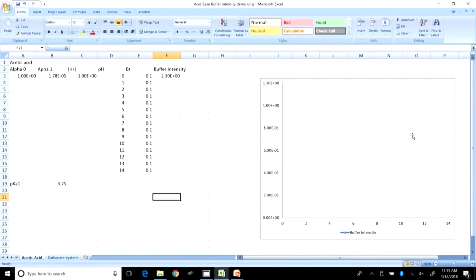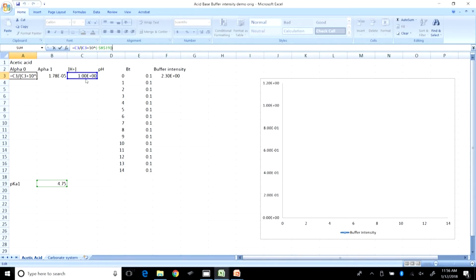So here I have acetic acid, and we know that the pKa is 4.75. I plugged in the relevant formula for alpha naught, which is H plus by H plus plus 10 to the power of minus pKa, which is K, right.